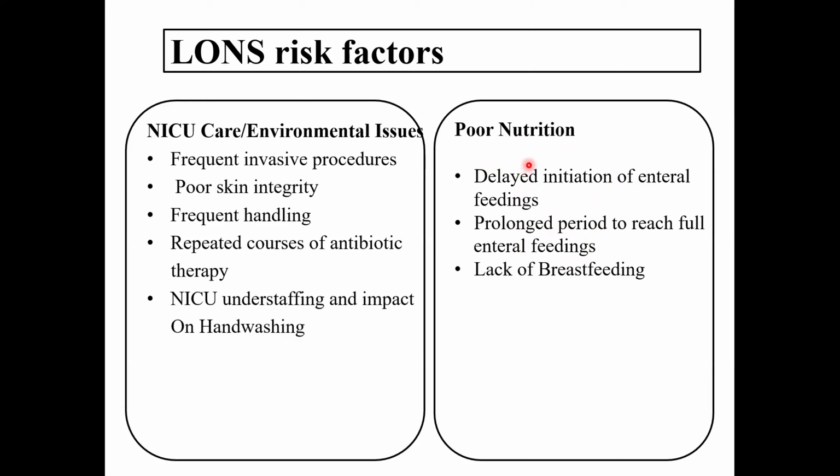So basically, if we have to prevent late onset sepsis, we should focus on giving adequate nutrition, that is enteral nutrition with the mother's own milk, avoiding frequent invasive procedures and frequent handling of the baby, and emphasis on hand hygiene. If we take care of these things, most of the late onset sepsis can be prevented.